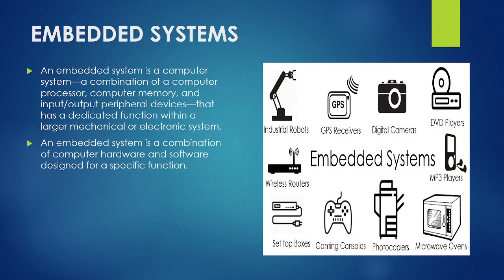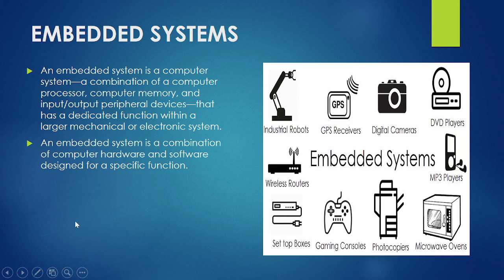It cannot perform processing on it. An embedded system performs a very dedicated function. It is not general purpose. In simple language, we can also say that an embedded system is a combination of computer hardware and software designed for a specific function.